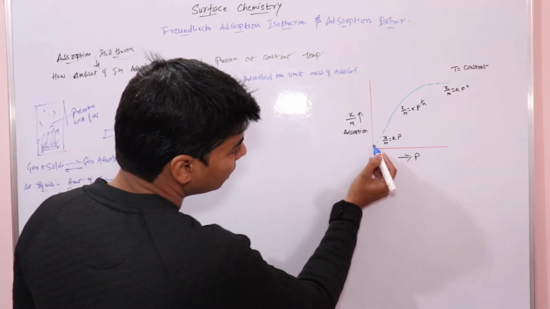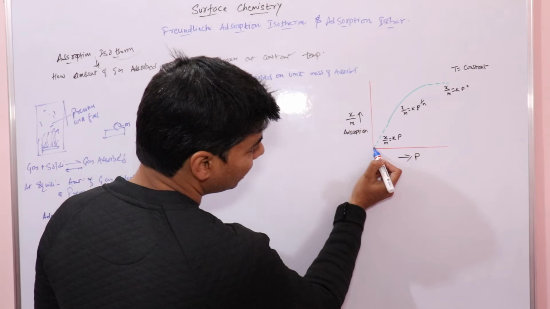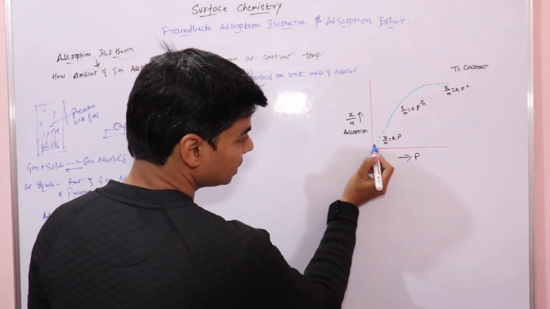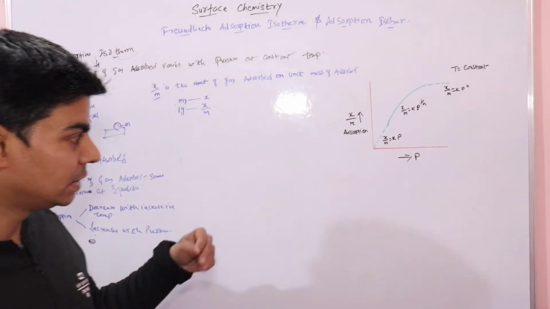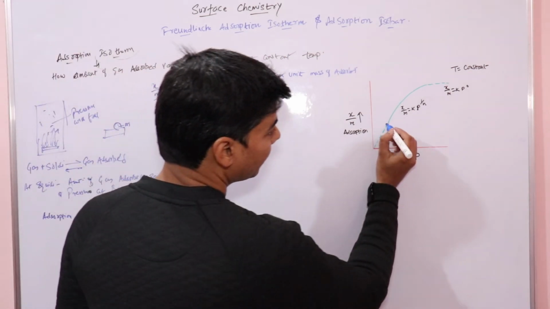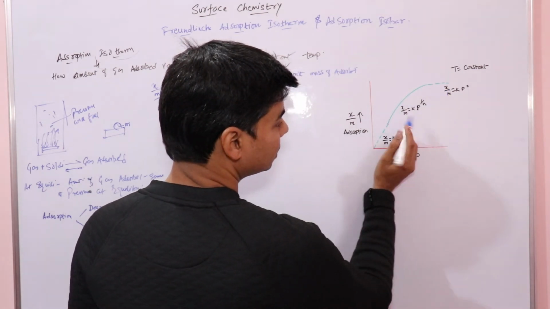If you look at this graph, initially with the increase in pressure, the amount of gas adsorbed is increasing. Till this point, the amount of gas has increased linearly with pressure. Then here the curve is a little bent, it's just curved.